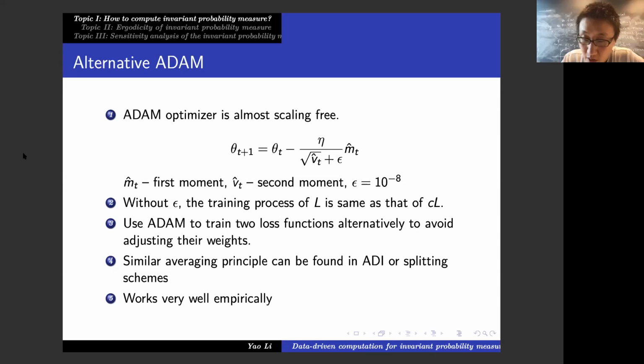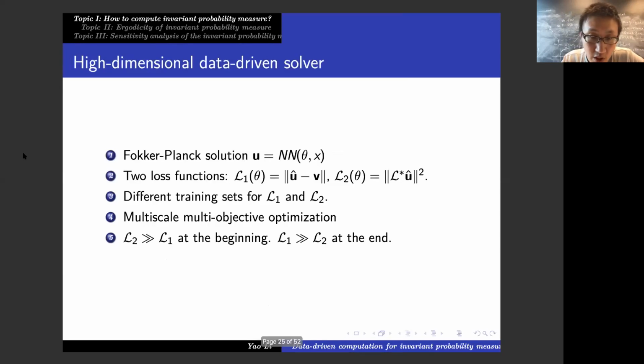I see. So we didn't use the self-adaptive way because, as I said in the talk, in the beginning and the end of the training process, the magnitude of the two loss functions reversed. In the beginning, L2 is much bigger, and in the end, L1 becomes much bigger. So it's difficult to find a weight.